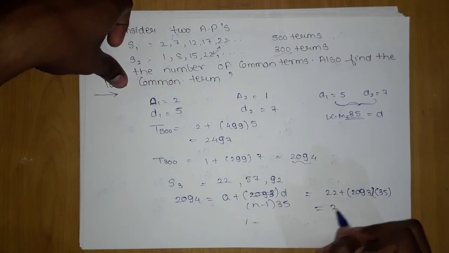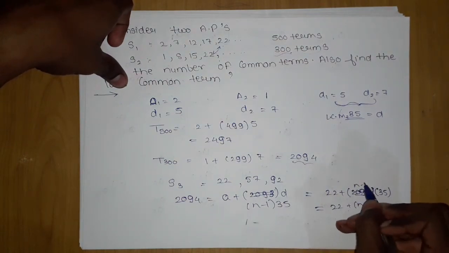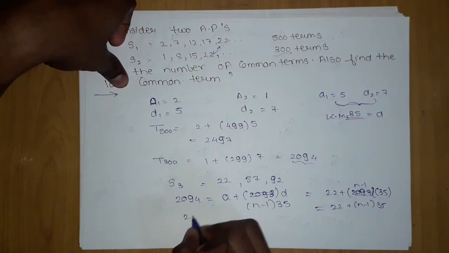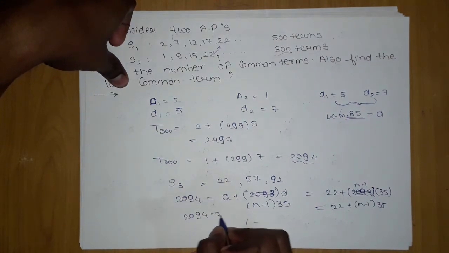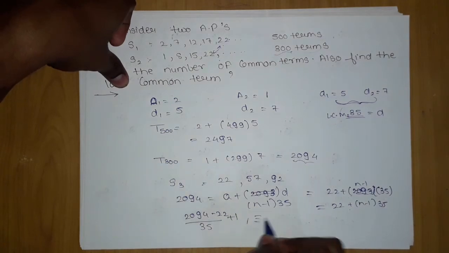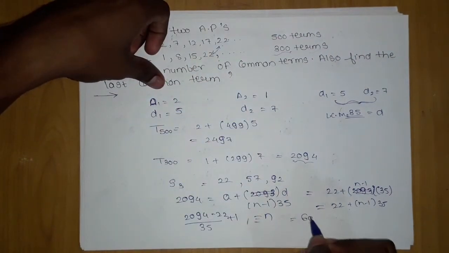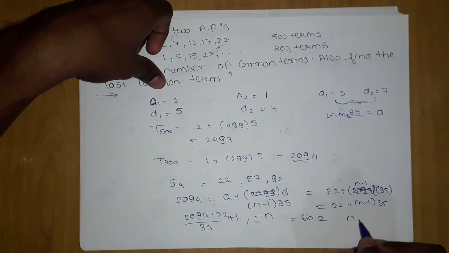So now 2094 minus 22, upon 35, plus 1 should be n. Let me calculate it. We are getting n as 60.2 something, so n will be 60.